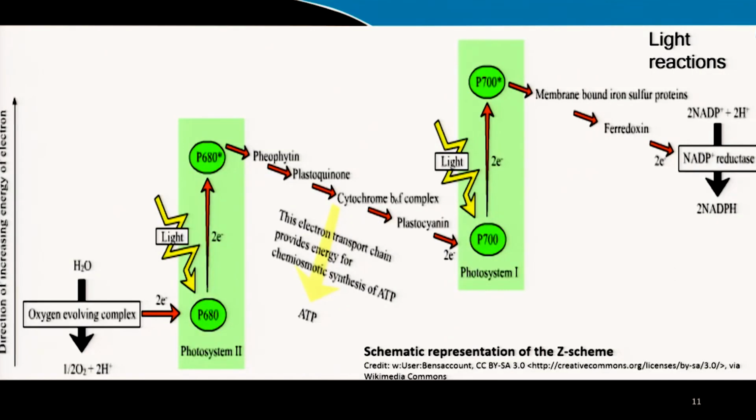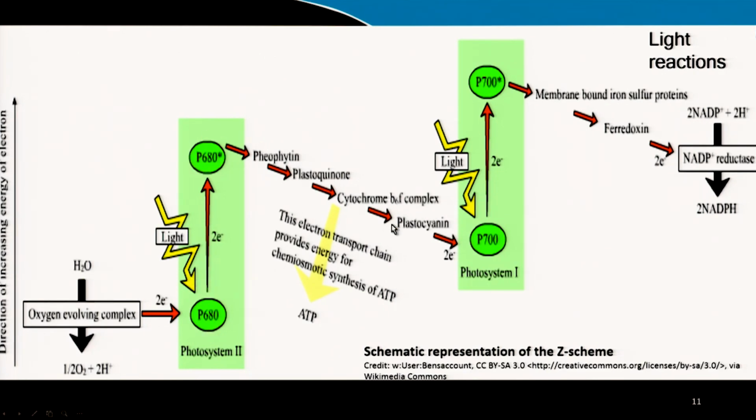I think I can just go through this graphic one more time to explain the same thing. We have the generation of oxygen when water is converted to oxygen, electrons are released, and these electrons enter photosystem 2. Because of the light energy, they get bumped up to a higher energy level.